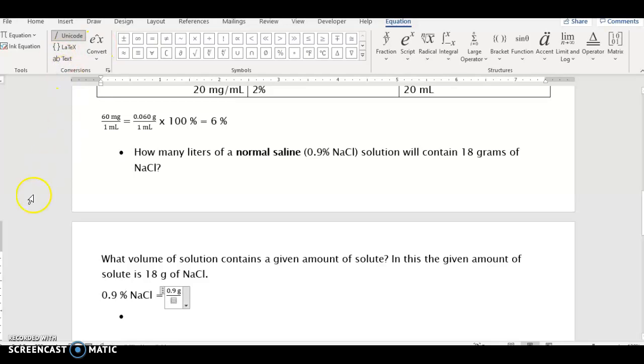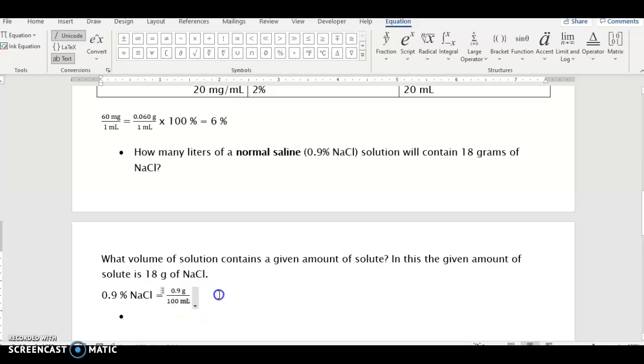Remember, a percentage, when expressed as a fraction, has a denominator of 100, so we put 100 milliliters in the denominator. Just like your table salt is solid, this is expressed in grams over milliliters. So this is our fraction.